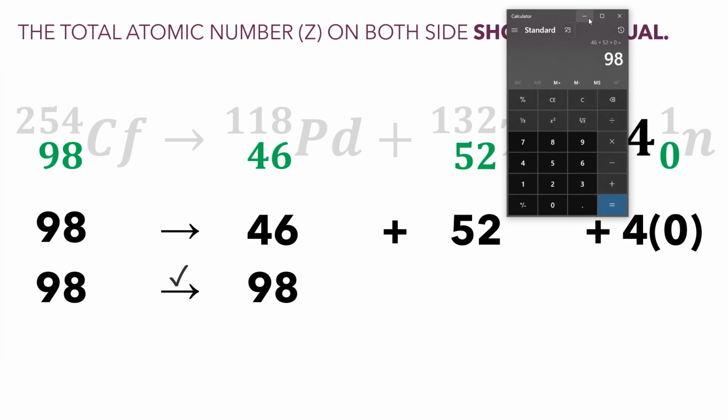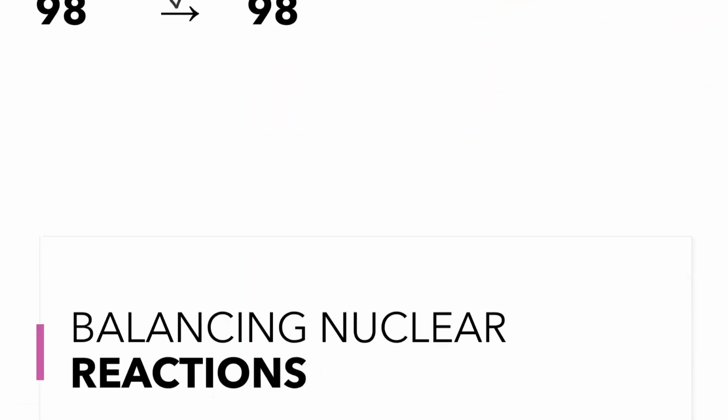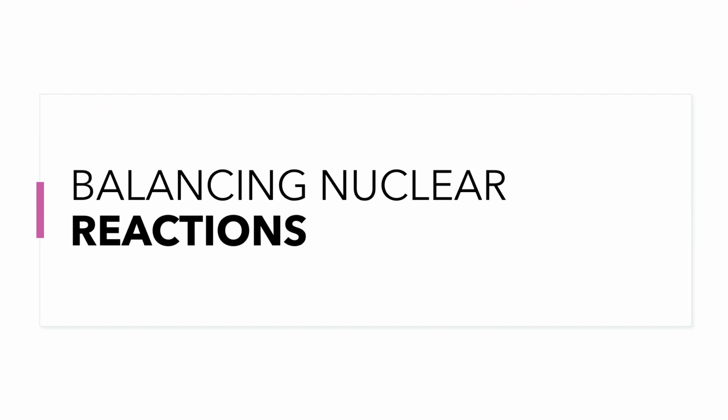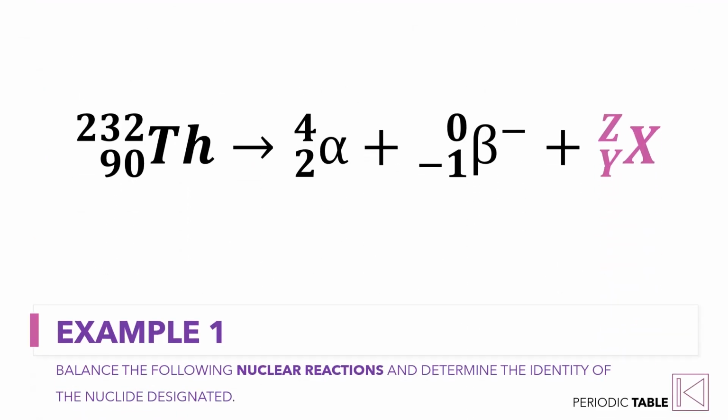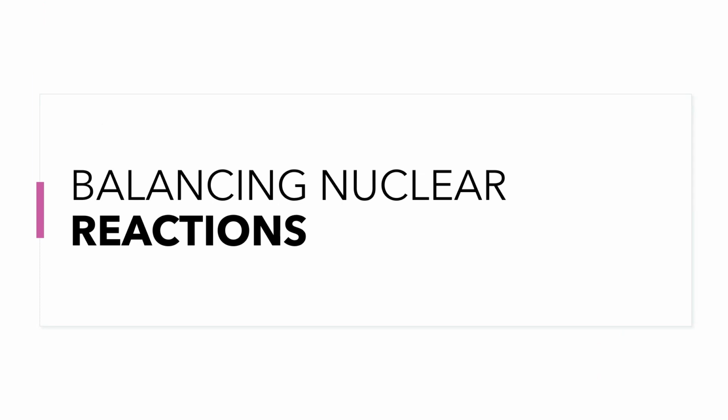Yeah, 98. So that is relatively correct based on what we mentioned. So ayun. Let's try to encounter tayo ng iba pang problems dito. Okay, let's try to do balancing nuclear reaction as an example for this.